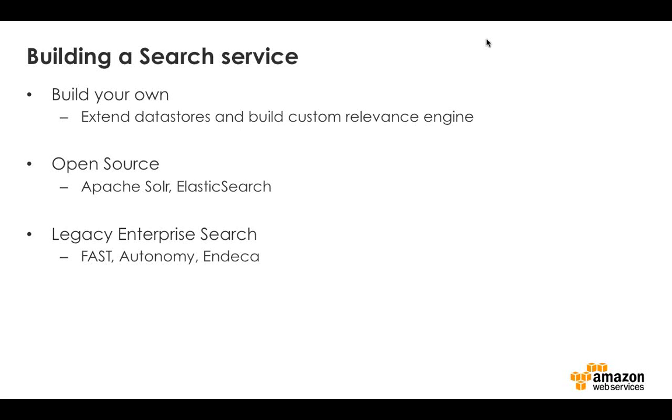You can definitely go that route. What we typically find there is that those methods have a lot of management and other overhead that makes them a little bit less attractive. And then finally, there are some legacy search implementations, FAST, Autonomy, and Verity. These are large-scale solutions that you can employ to add search to your application.